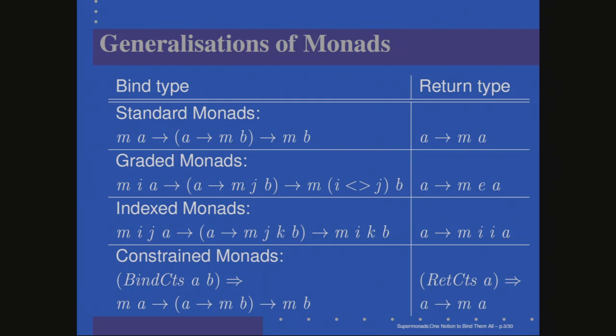You can compose ij with jk, for example. And I think this would at least generalize all except constraint monads.